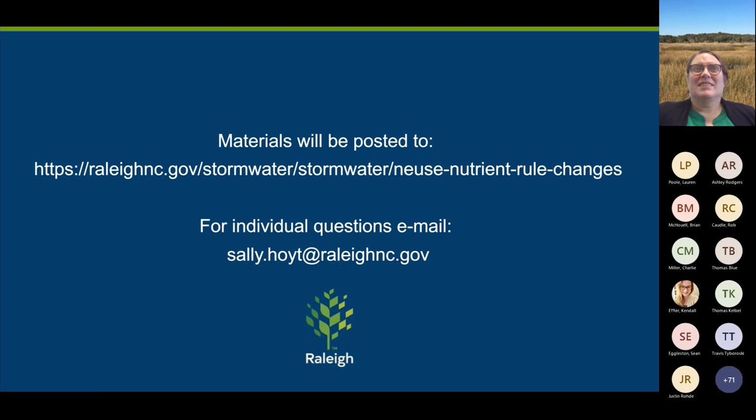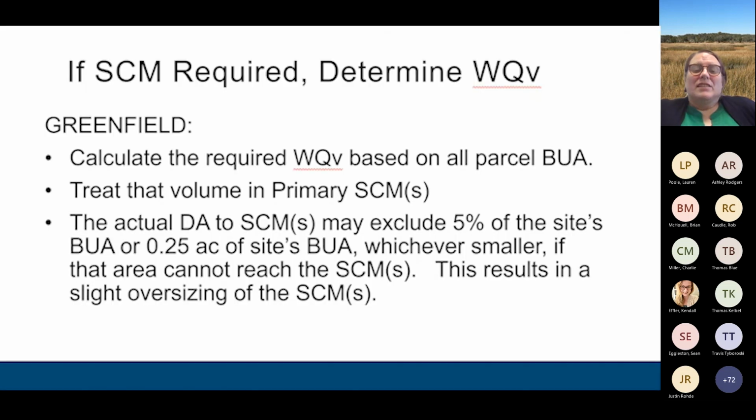However, it's not always possible to direct all the runoff to the SCM. And the question is, how do we meet the 95% requirement for the drainage area to the SCM? The state requires you to send 100%, the drainage area to your SCM should actually be 100% of the new BUA.